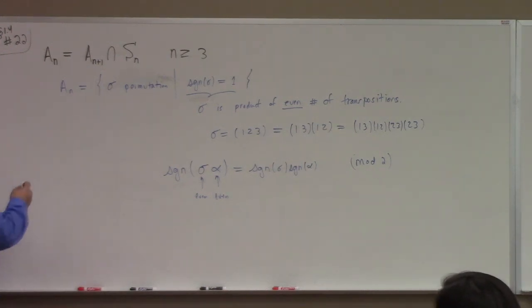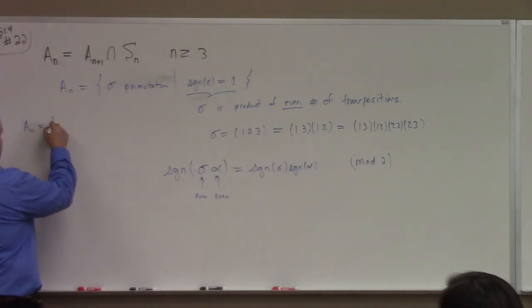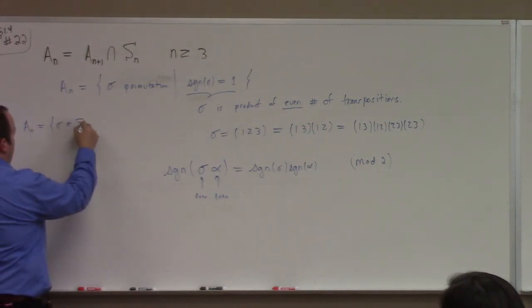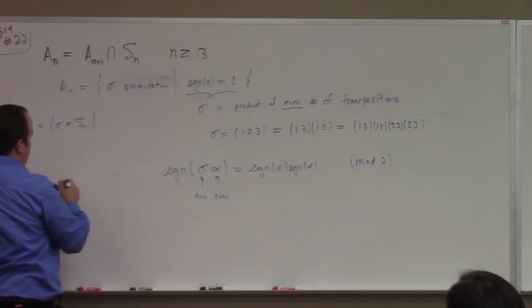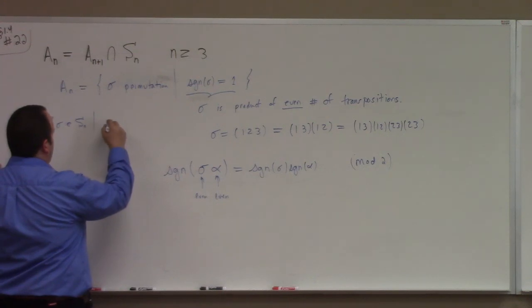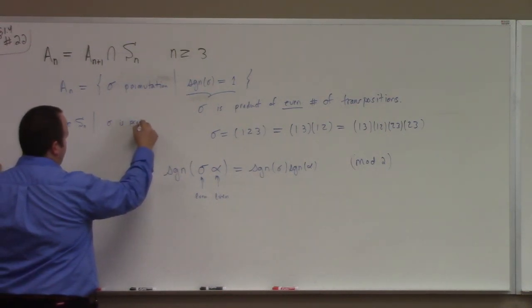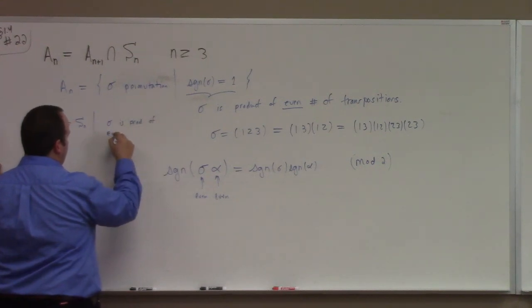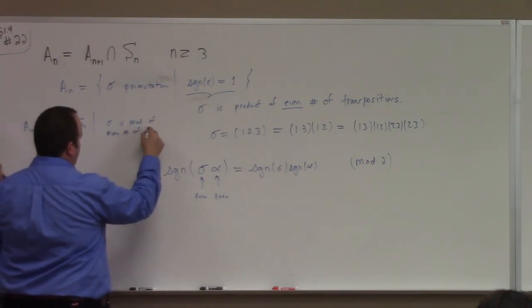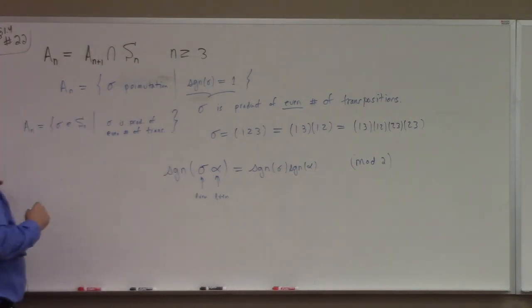Okay, so what is A_n? This would be equal to sigma in S_n such that sigma is a product of an even number of transpositions. How about A_{n+1}?